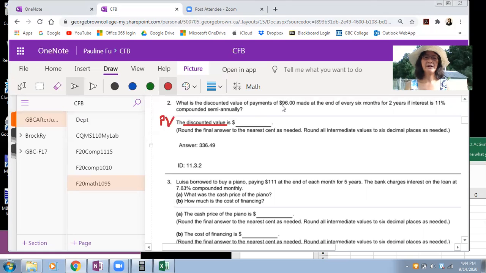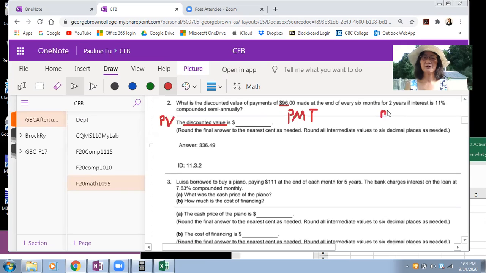And given this 96 is PMT. Okay. You make payment every 6 months for 2 years.